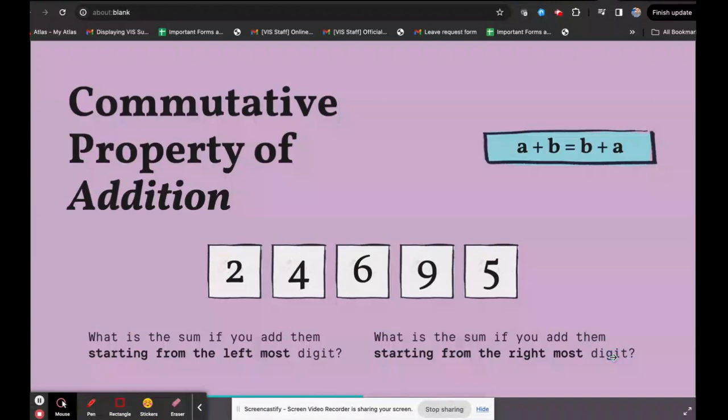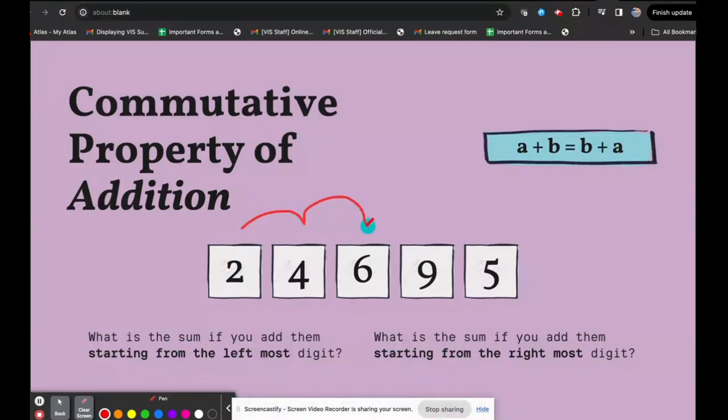Now you can see that in the commutative property of addition, if we start adding these numbers from the left hand side, like 2 plus 4 plus 6 plus 9 plus 5, we get an answer. And if we start adding the numbers from the right hand side, 5 plus 9 plus 6 plus 4 plus 2, we get an answer for the question.